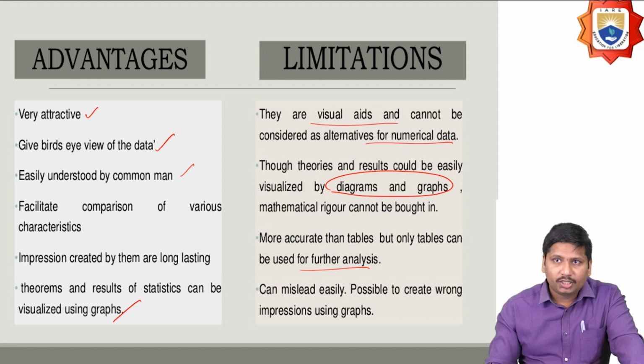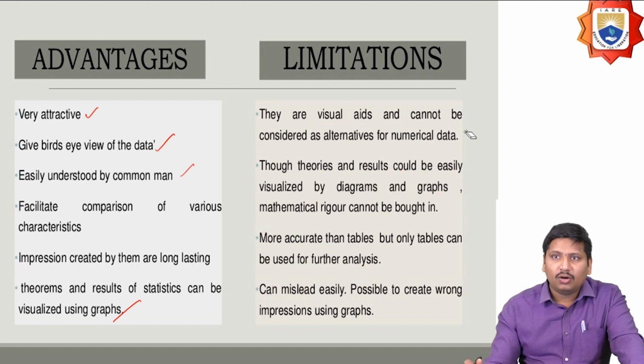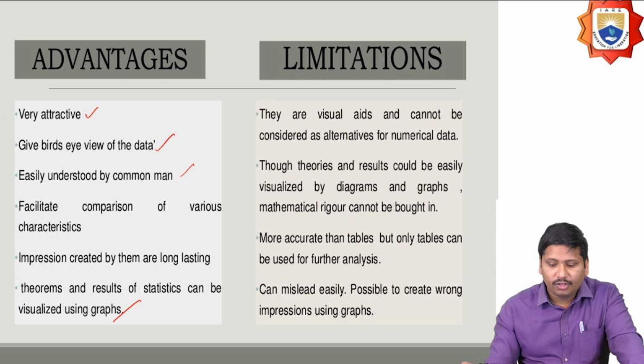Coming to limitations, it cannot be considered suitable for human data. Theorems and results can be easily visualized by diagrams and graphs, and they are more accurate than tables, but tables can be used for further analysis.